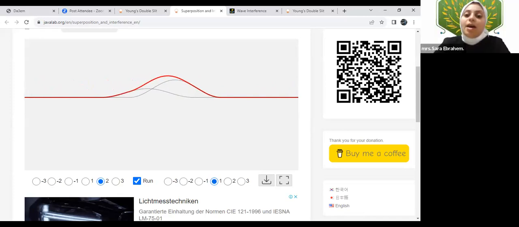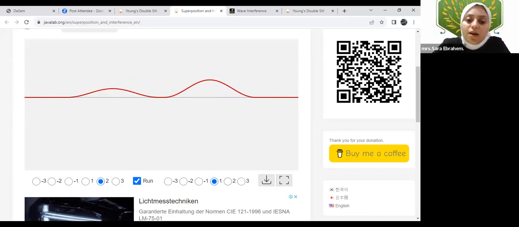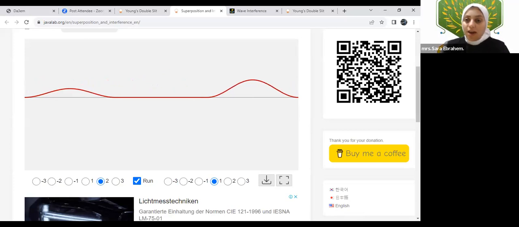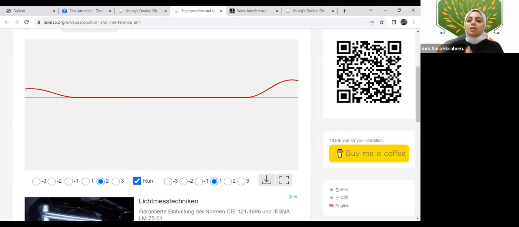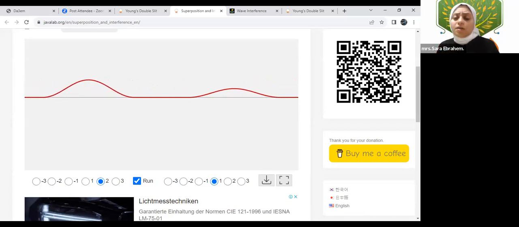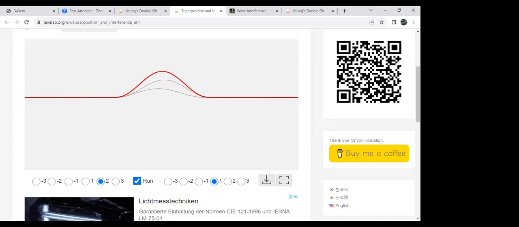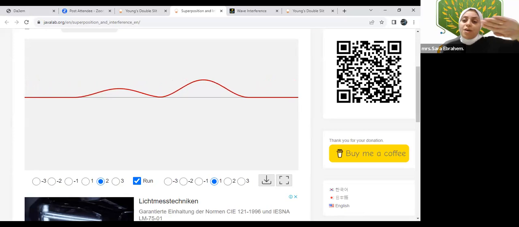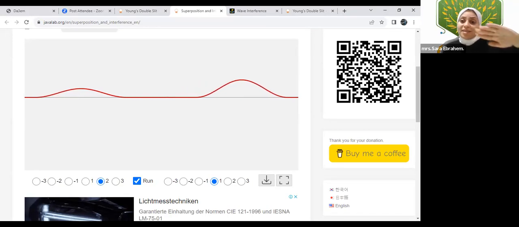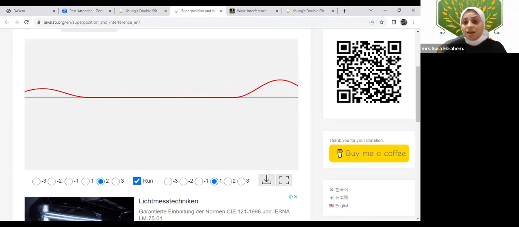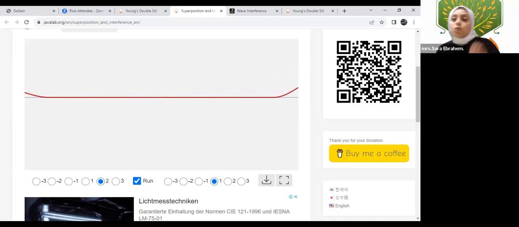Look, in Young's experiment we have two light waves, and waves consist of crests and troughs. The first slit and second slit emit waves.